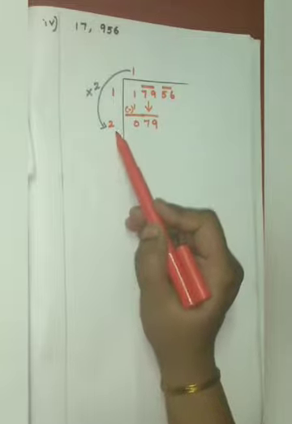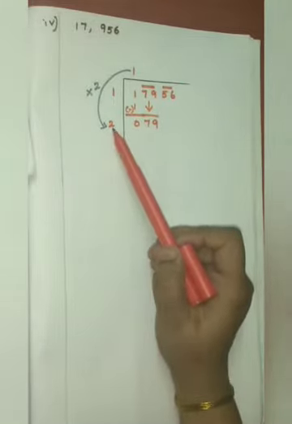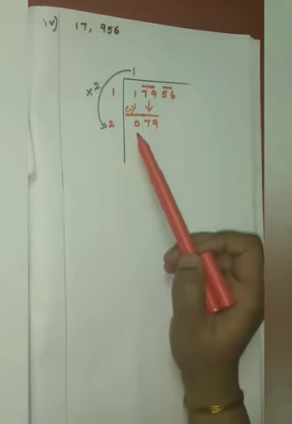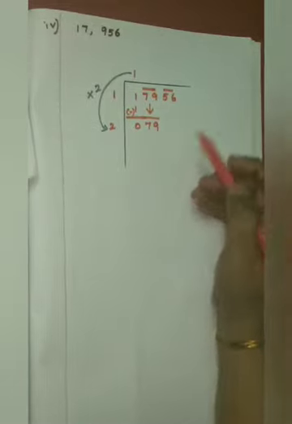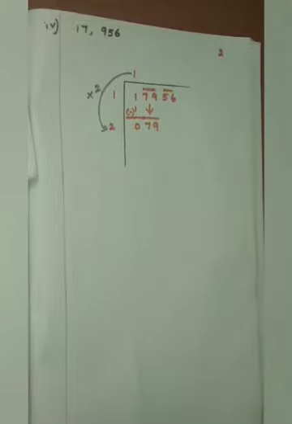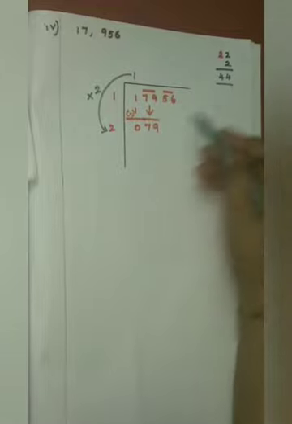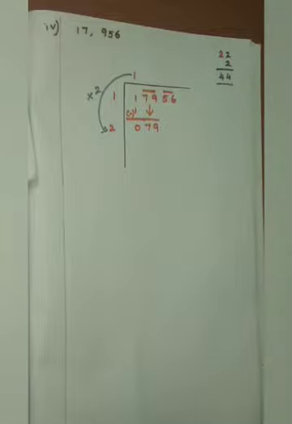We are going to choose the digit in such a way that the product of the new divisor and this digit is equal to or just less than 79. If the required digit is 2, multiply 22 by 2, we get 44, which is less than 79. So let us try for the next number 3.